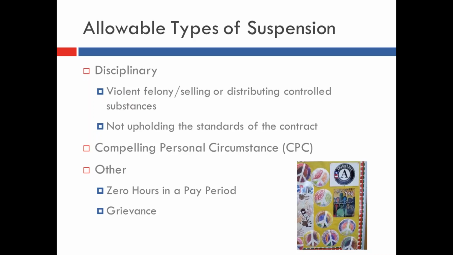This is where you have a lot more leeway in determining what those disciplinary reasons for suspension might be. You can make a stronger claim for a disciplinary suspension if you're clearly describing the reasons in a member contract agreement, what are some of the reasons that a member might get suspended for disciplinary reasons.